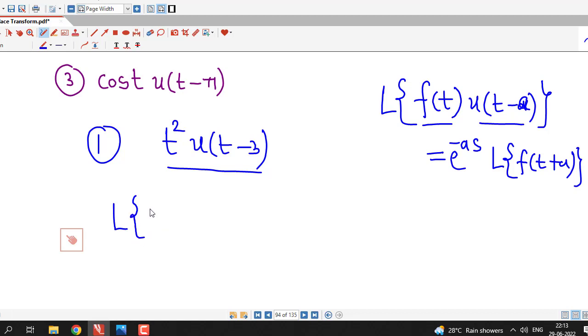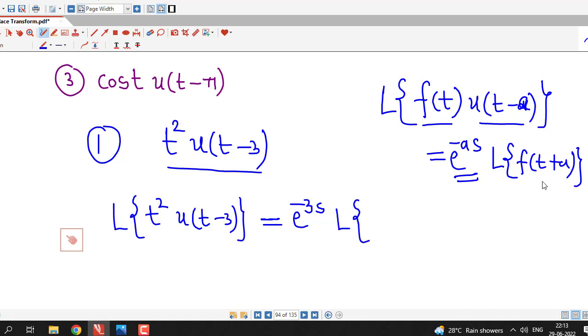So using this formula, the Laplace transform of t square times u of t minus 3 is, putting a equal to 3, e raised to minus 3s times the Laplace transform of f of t plus a.